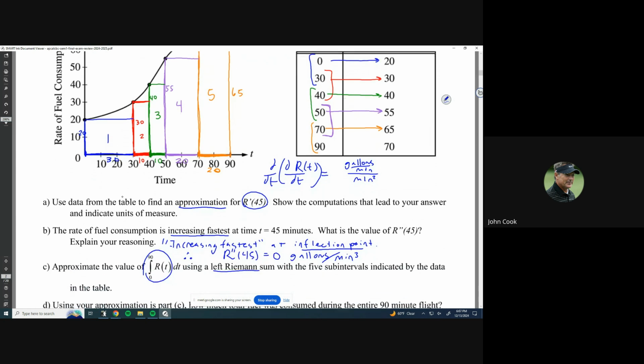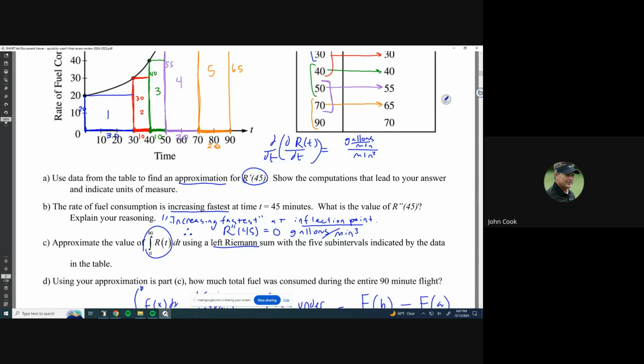Okay, so to approximate this using a left Riemann sum, what I'm going to do is write it up like this. The integral of R of t dt from 0 to 90 is going to be approximately equal to, because it says that magic word approximate, the sum of every one of those little interval areas. So the first rectangle has a base of 30 and a height of 20.